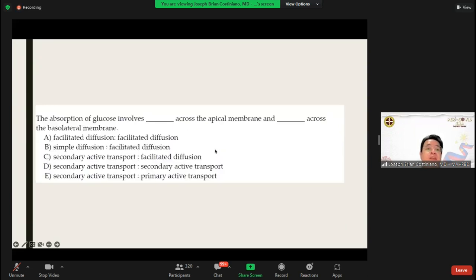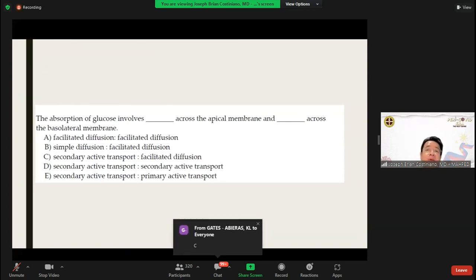Okay? Sige, itong question na to. The absorption of glucose involves blank movement across the apical membrane and blank across the basolateral membrane. So from the lumen, apical membrane, and then to the cell, and from the cell across the basolateral membrane going to the interstitial space. Okay? So ano ba yung sagot dito? Absorption of glucose.